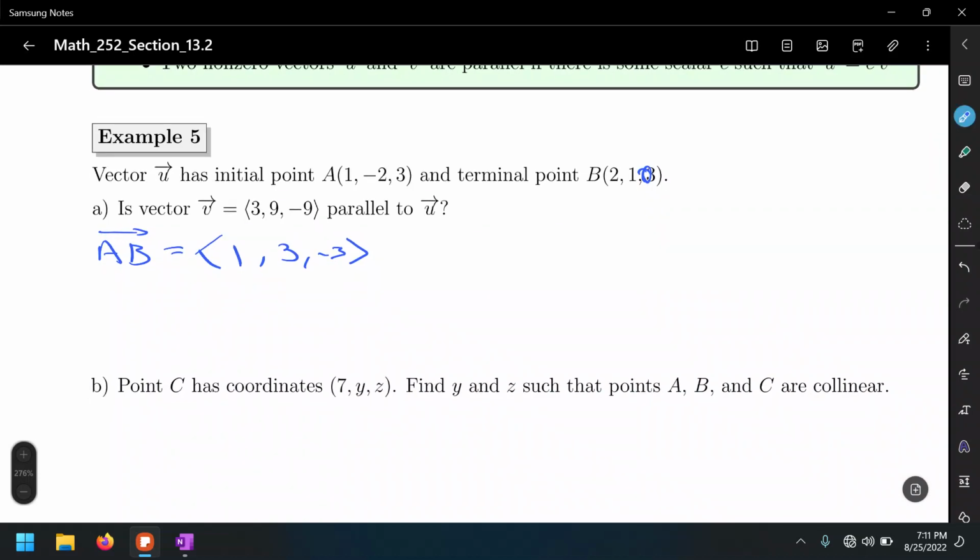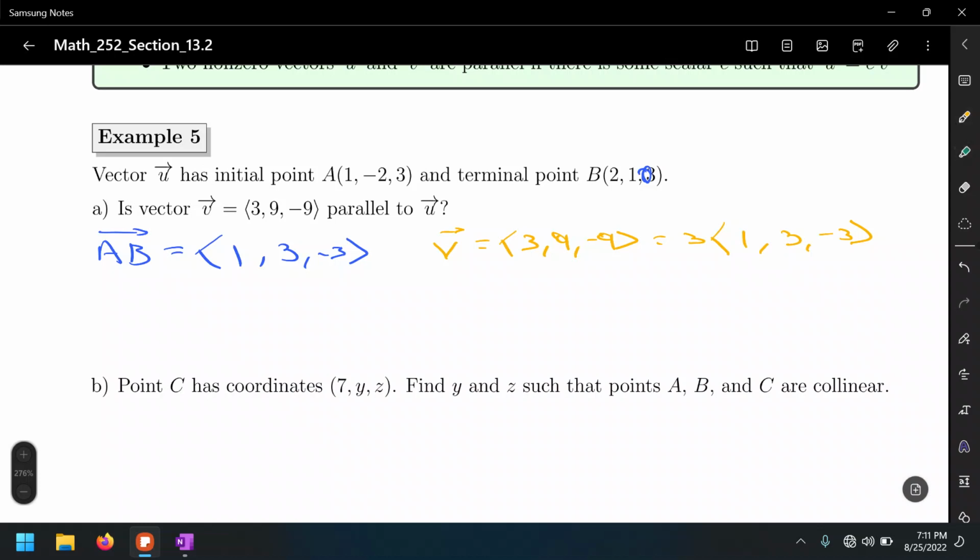Now let's write down the vector we want to compare it with right next to it, which in this case is v: 3, 9, -9. If we look at the components of this given vector, they all have a common factor of 3. So let's factor it out: 3 times (1, 3, -3).